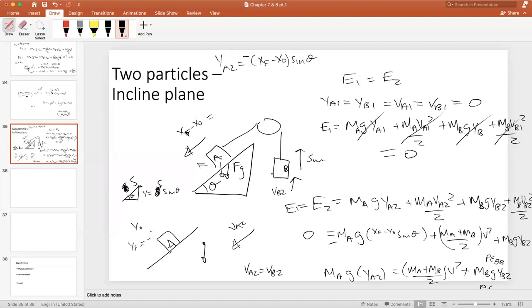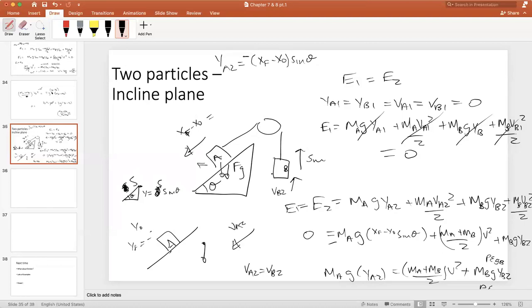But as you look at this, it's actually super simple to write down. You just write mgy plus mv squared over 2 for each object. And if there were springs involved, you would add the springs.